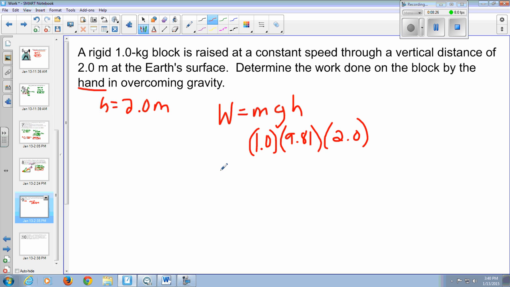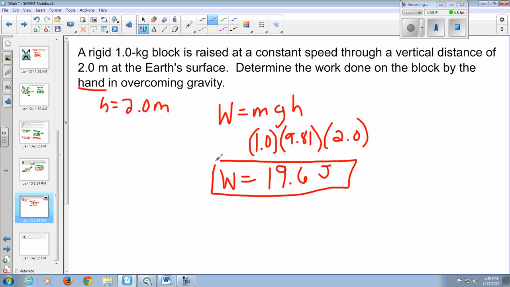Multiplying all of this, we get work equal to 19.6 joules. So that's the work done in overcoming gravity.